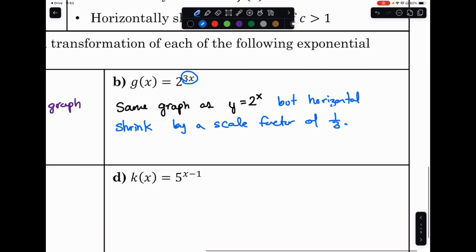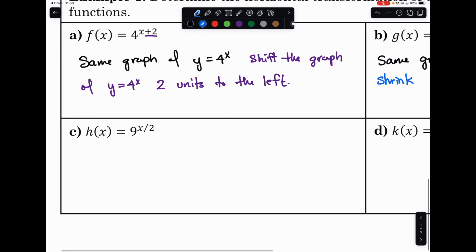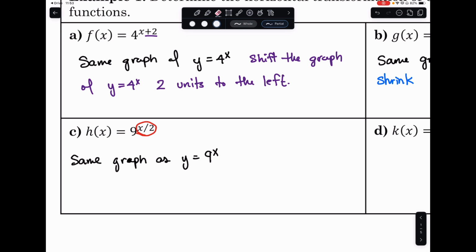Let's look at the next example and describe this transformation. This graph, h, is going to have the same graph as y equals 9 to the x. But how is this going to change the graph?